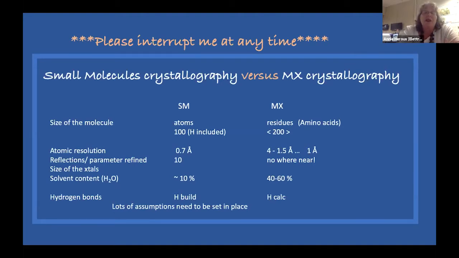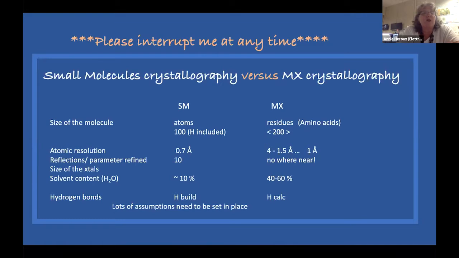The big difference is that the higher the resolution, which corresponds to the smaller number, the more reflections you will have to refine your parameters with. So again, for MX, you need to have a lot of assumptions in place.